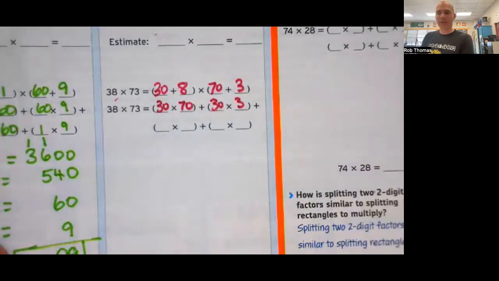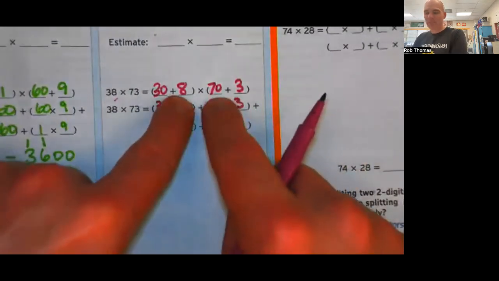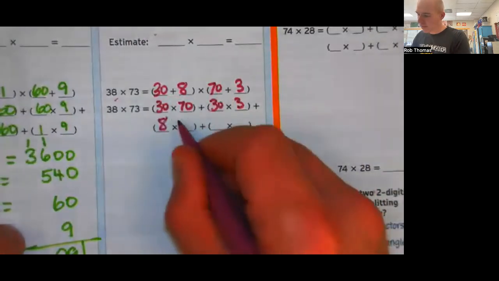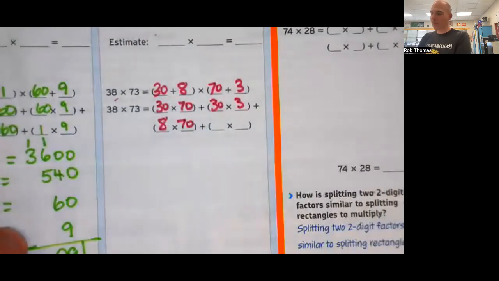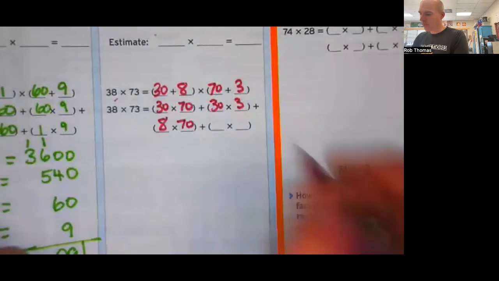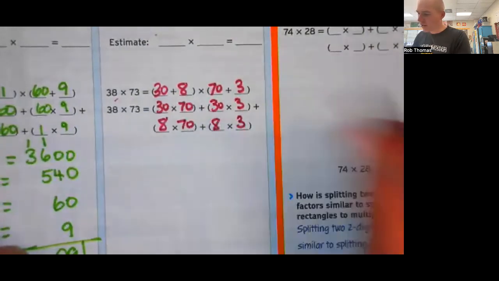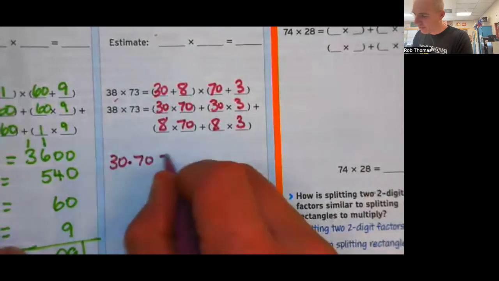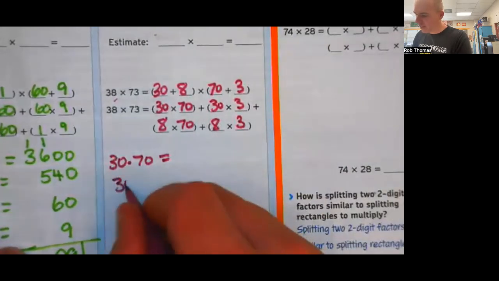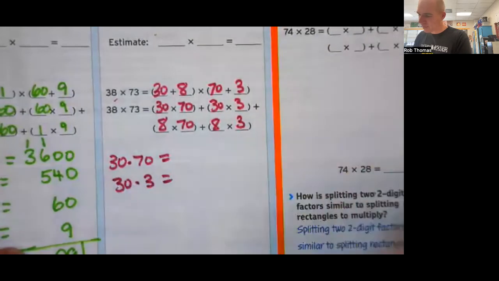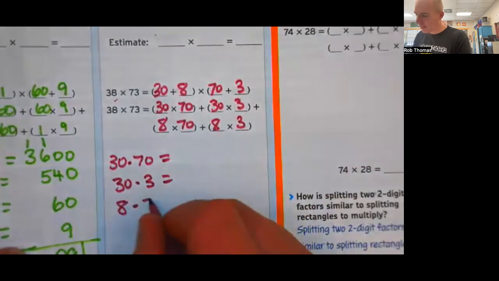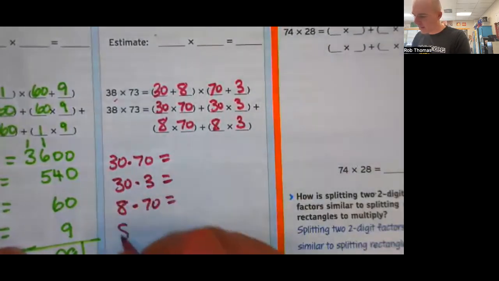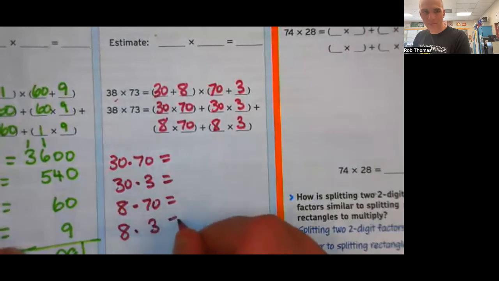Let me do my inners, 8 times 70. And let me do my last, 8 times 3. So your partial products are 30 times 70, 30 times 3, 8 times 70, and 8 times 3.